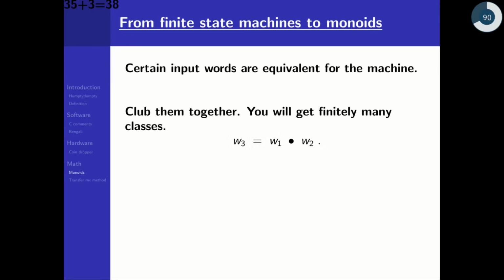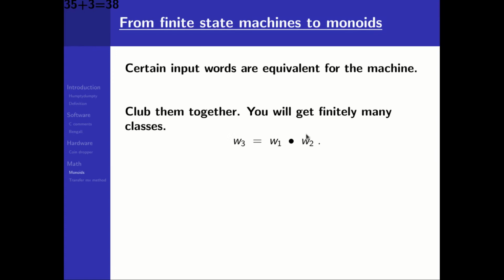Now you take any two words, W1 and W2. Could be, for example, you take S and you take SP. Concatenate them, put one after the other, and you get W3. Now understand carefully that if I take anything that is equivalent to W1 and anything that is equivalent to W2 and concatenate them together, what you will get will be equivalent to W3, simply because when you replace W1 by something equivalent, the machine does not notice.